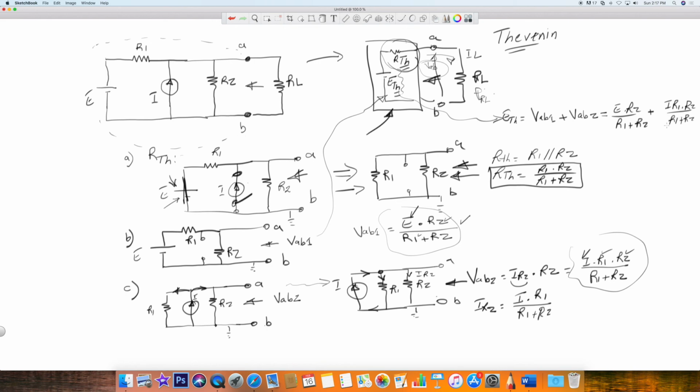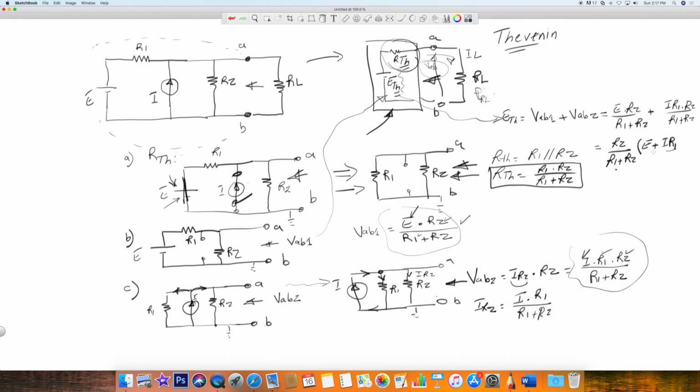Now, they happen to be the same denominator. So if you want to simplify this, we can factor the R2 divided by R1 plus R2 times E plus I R1. So you're going to multiply E by R2 with this factor and I R1.